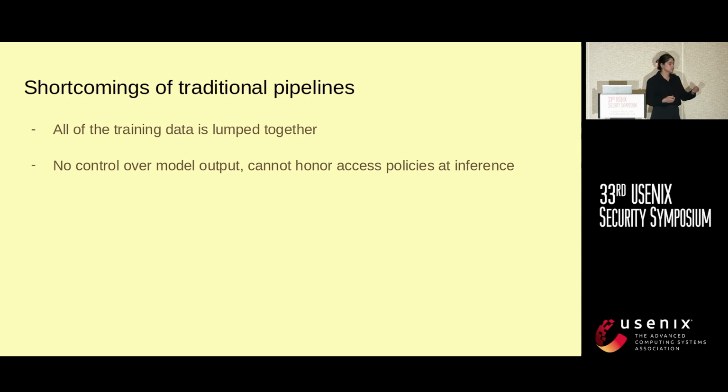So given a certain input, we have essentially no control over what the model is going to say in response to that input. So there's this lack of access control that is built into the way traditional pipelines work. And because of this, it can lead to inadvertent data leakage, as I'm sure many of you have seen in the news.